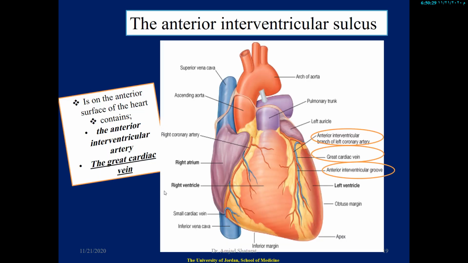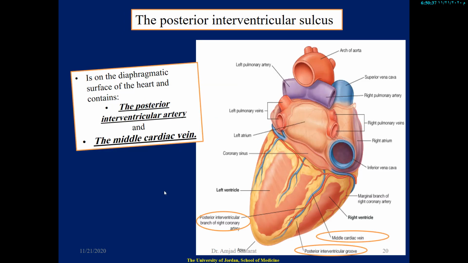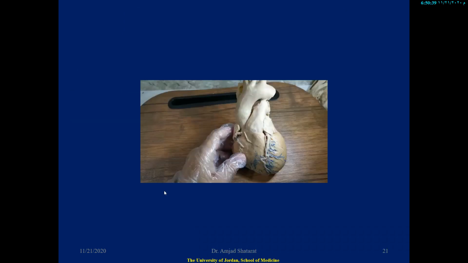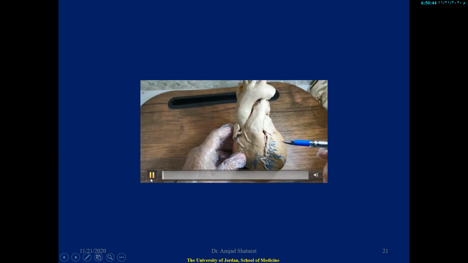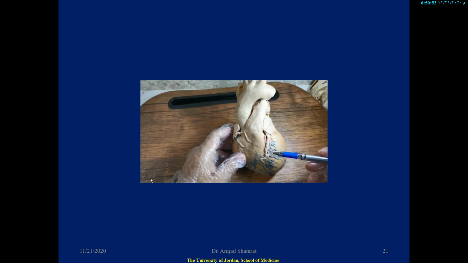Now the interventricular sulci. We have an anterior one and a posterior one, and they are also summarized for you in this video. The anterior interventricular sulcus is on the anterior, or sternocostal, surface of the heart.